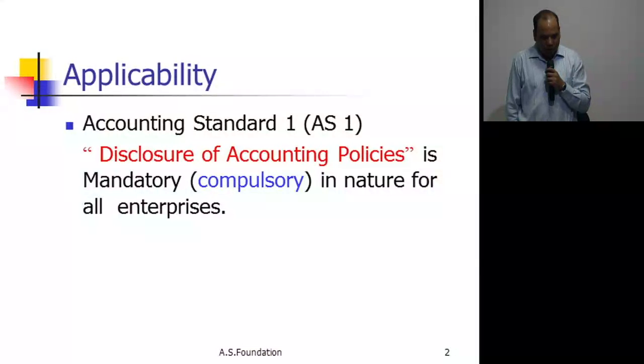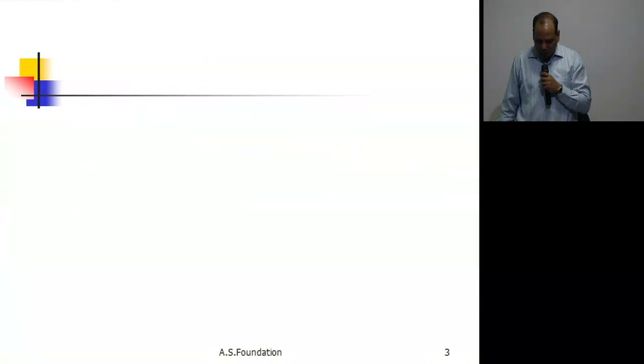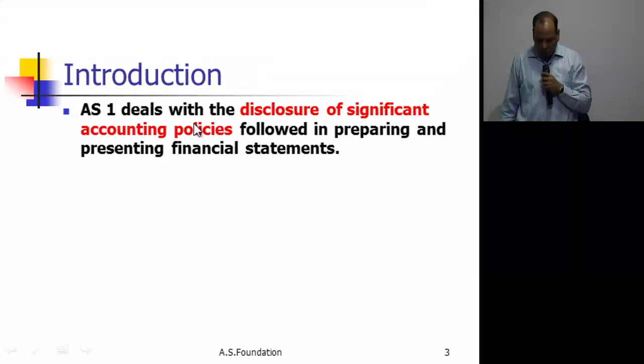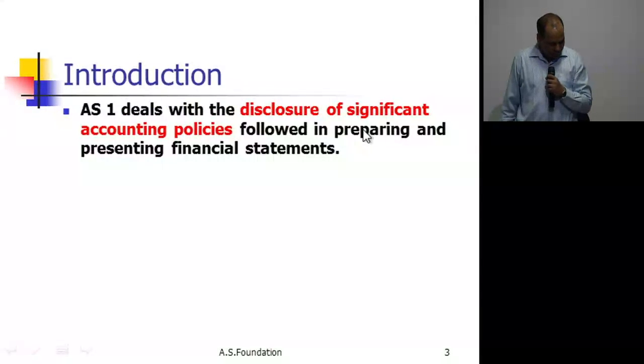That is, what accounting policy they have followed while preparing and presenting the financial statement. AS1 deals with disclosure of accounting policies. In fact, you should underline the word significant accounting policies followed in preparing and presenting the financial statement.